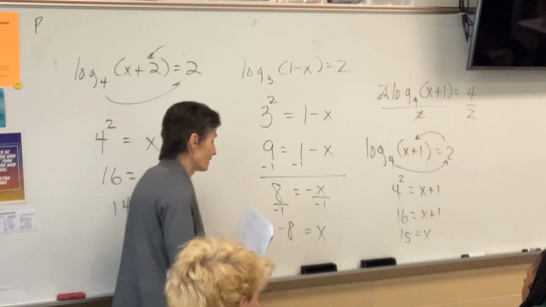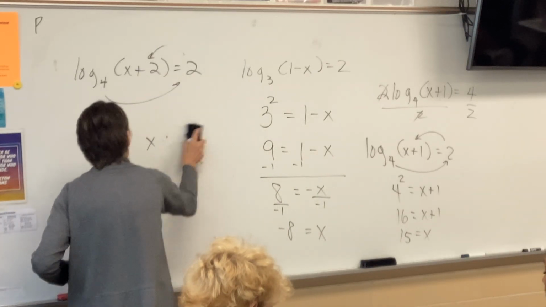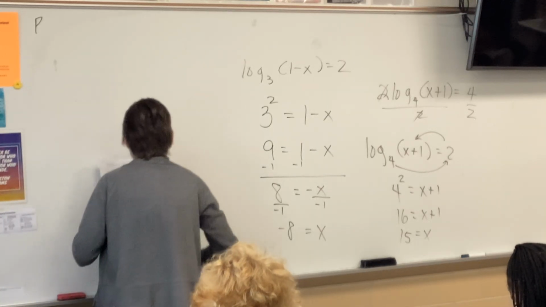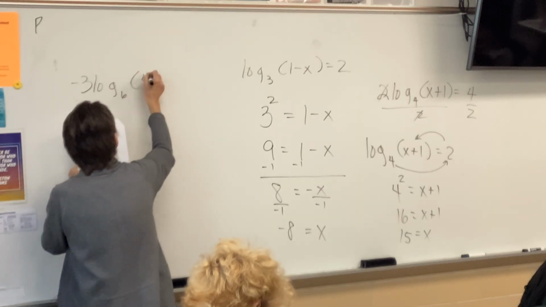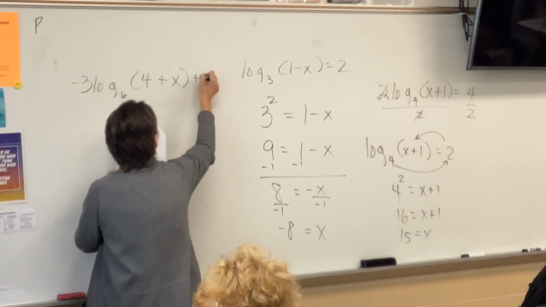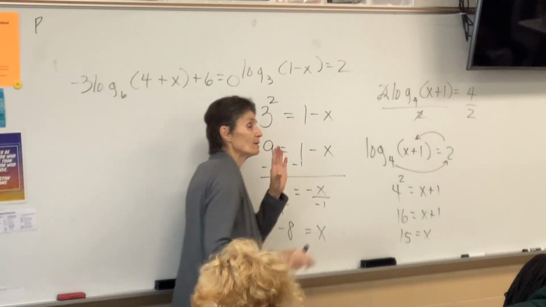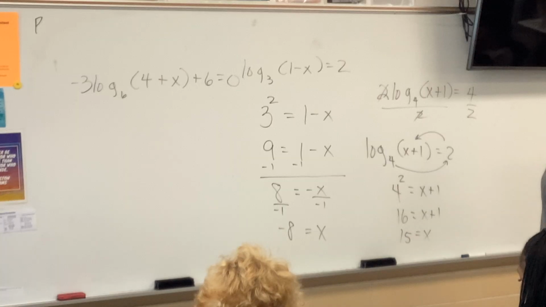All right. Now, you do this next one. Before you can actually solve it, you're going to have to do a couple of things. What do you think we're going to want to do with this problem? Now, think about it as a regular equation.